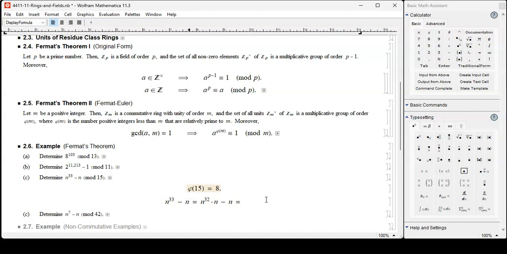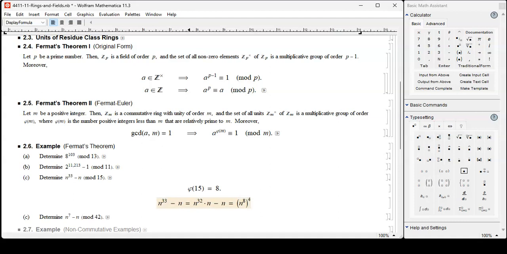Because I wanted to get a multiple of 8. n to the 8th power to the 4th, times n minus n, and that's congruent to, let's see, 1 to the 4th power times n minus n. Here we need congruence because I just reduced this one down to 1. Okay, this one here is 1.